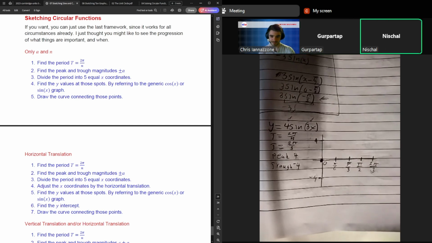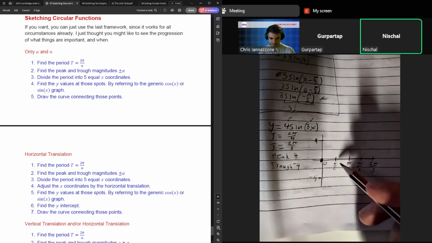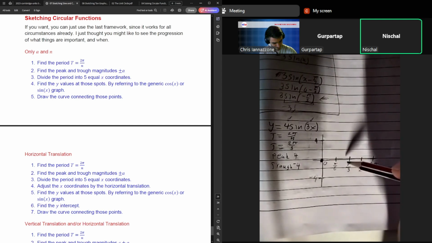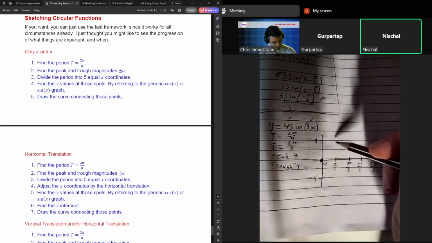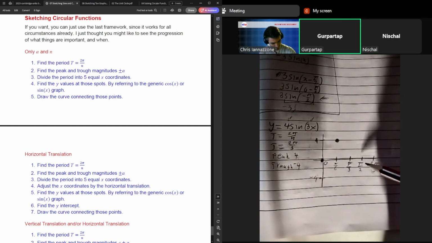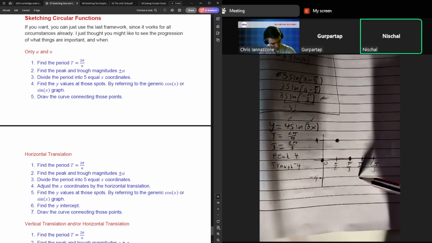Since it's middle peak trough, you start at 0 and then at pi by 6 it should be a peak, and then pi by 3 should be middle, and then at pi by 2 it should be trough.